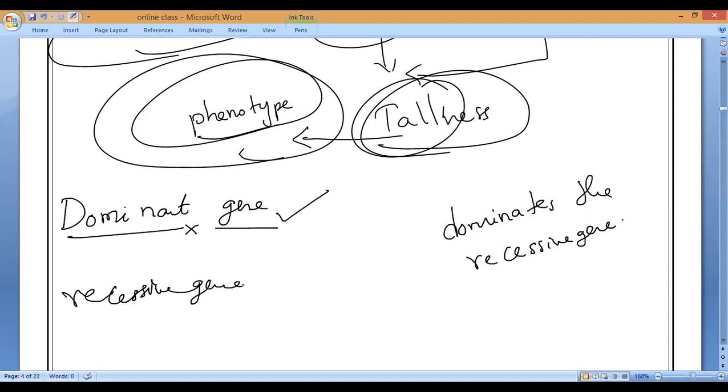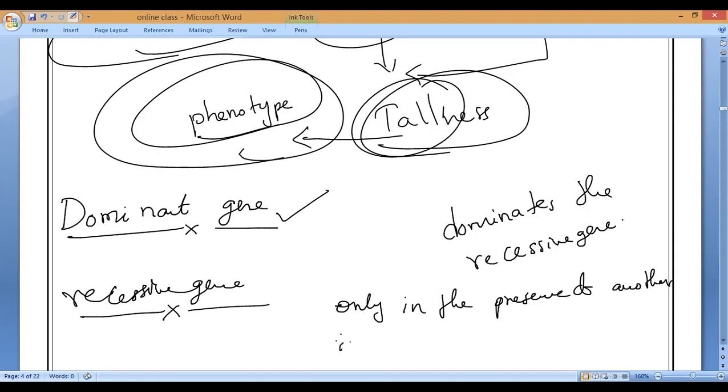The gene which can decide the appearance of an organism only in the presence of another identical gene is called a recessive gene.